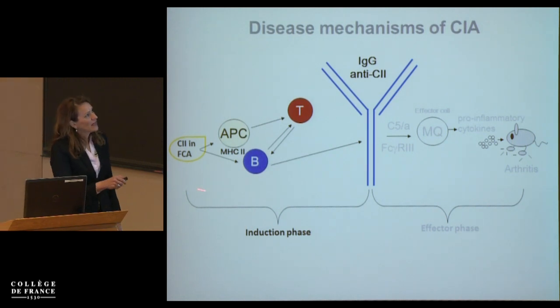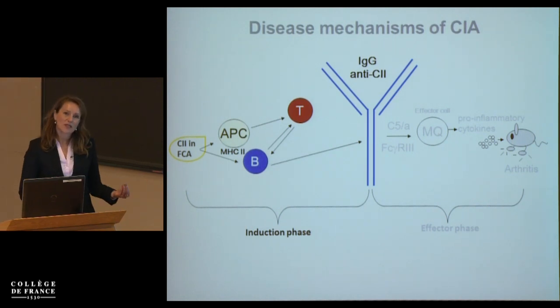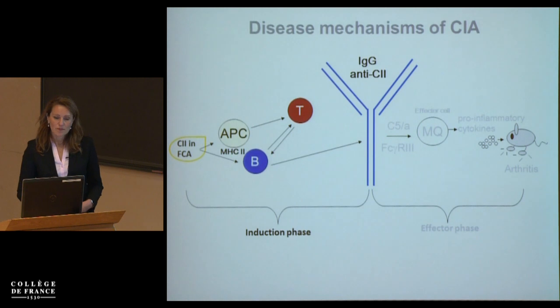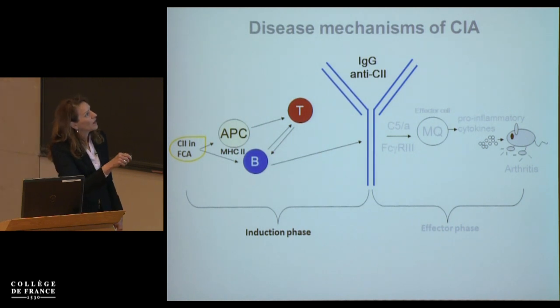This is also very interesting to study, because it is very difficult to study in humans, since when we get the patient, they are at this stage, so we don't know what happened here. So with the model system, we can study this. And I've been interested in how the B cell has been activated by this collagen, and what role a B cell has here.